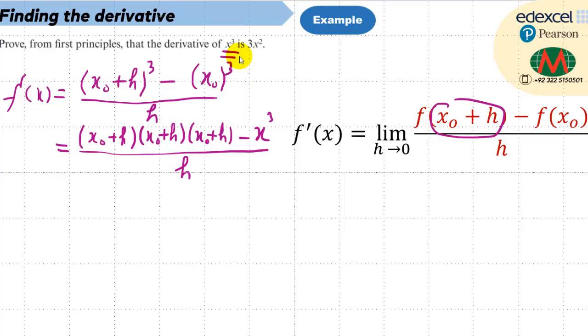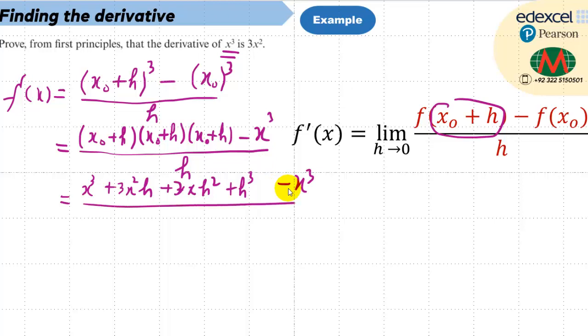You should check it yourself to save time, so I will do it directly. Now I have expanded this x plus h whole cube. You can use the cubic formula, or there is another way using the binomial theorem. You may study this binomial theorem in maths as well. Using that you can do it directly. And now this minus x cube I will write over here, and the whole divided by h.